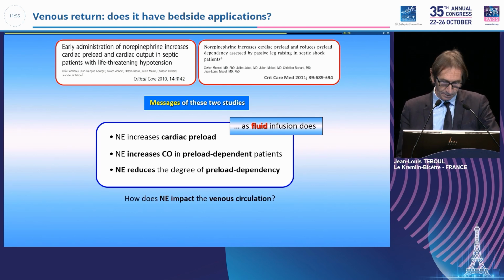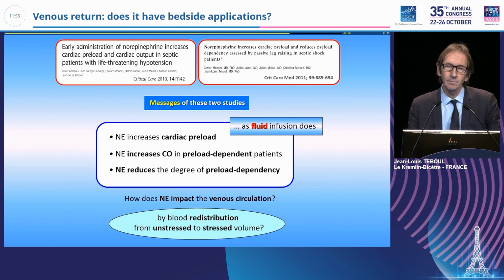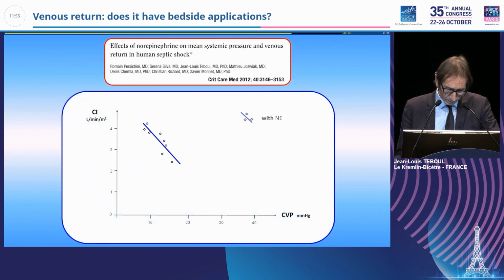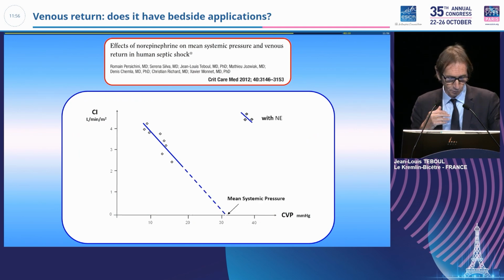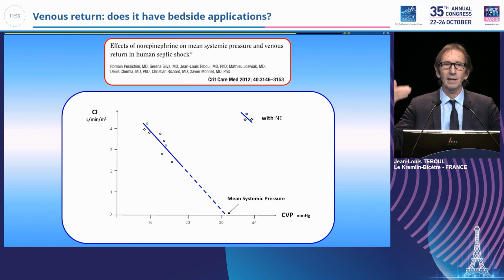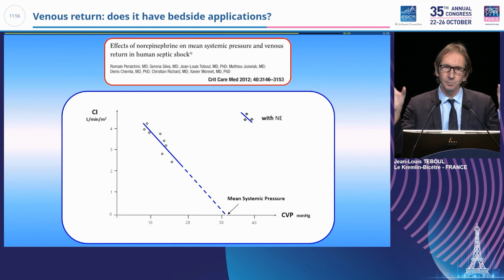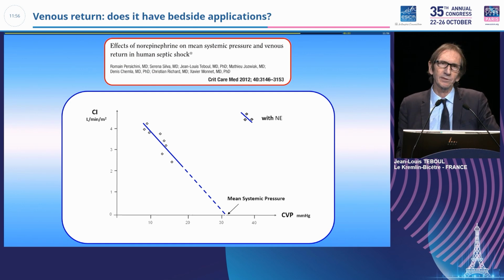And what could be the mechanism? How does norepinephrine impact the venous circulation? Probably by blood redistribution from unstressed to stressed volume. And if we reconstruct the venous return curve according to the guidance model, and this is what we did with Romain Persichini and Xavier Monet in the past, we tried to use the end expiratory hold and end inspiratory hold maneuvers to obtain a couple of values of CVP and cardiac output at the same time.